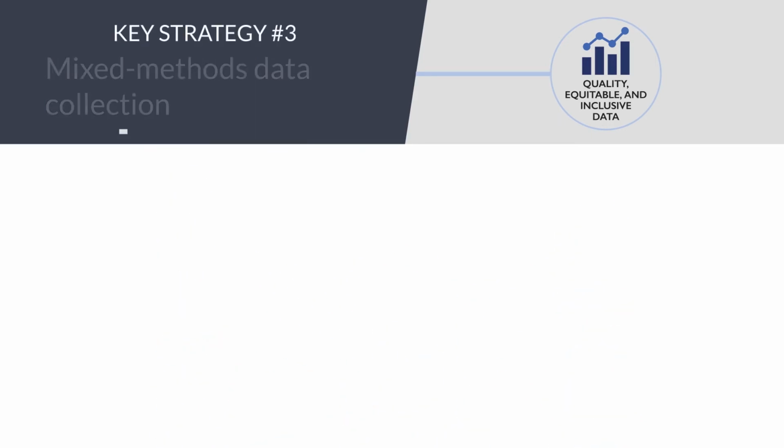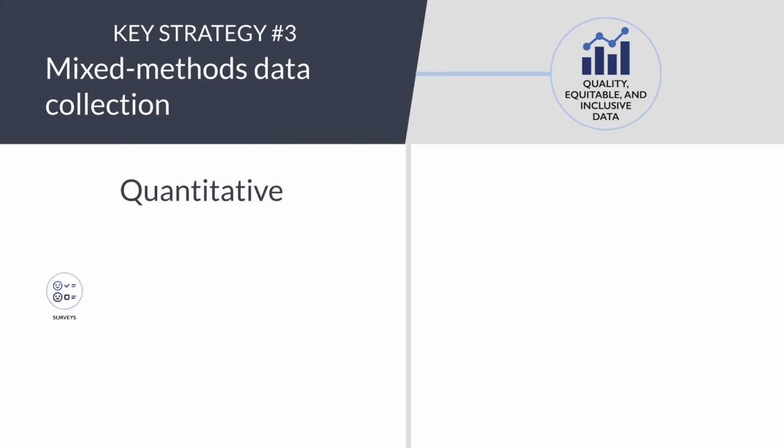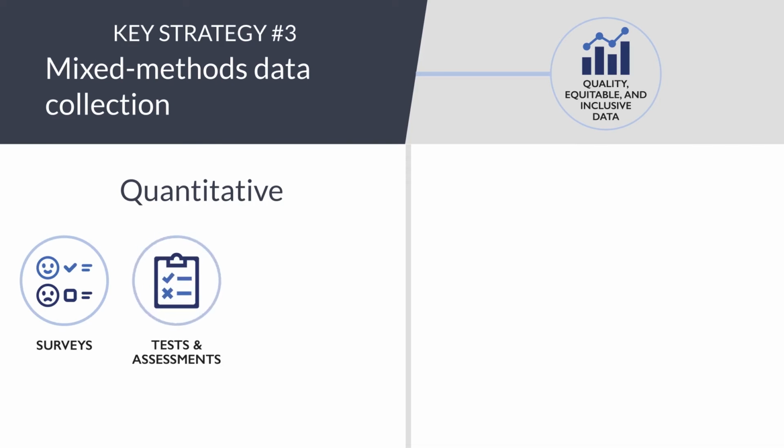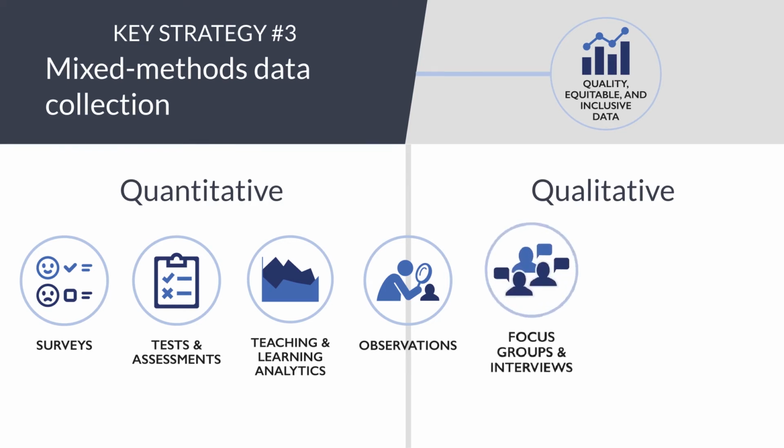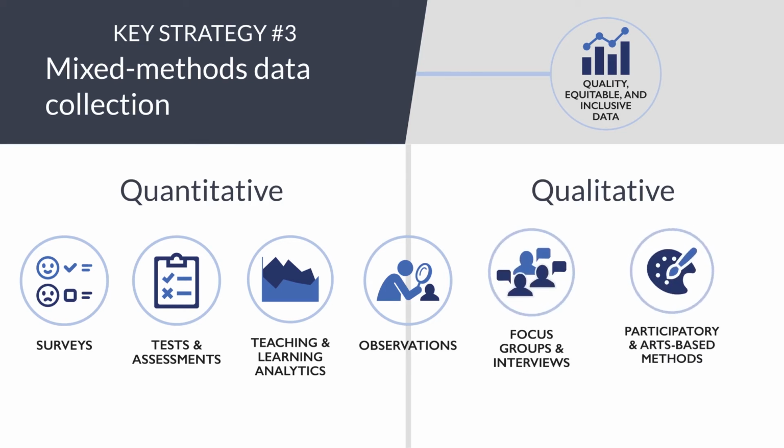Key strategy number 3, mixed methods data collection. Quantitative data collection methods include surveys, tests and assessments, teaching and learning analytics, and observations. Qualitative data collection methods include qualitative observations, focus group discussions, interviews, and participatory and arts-based research.